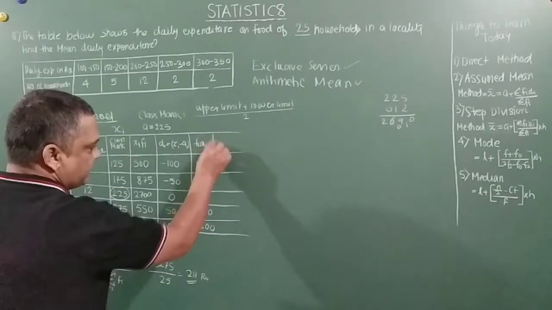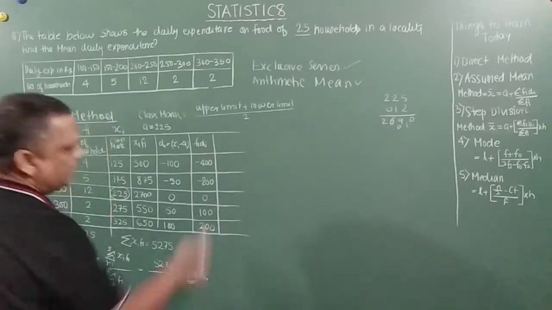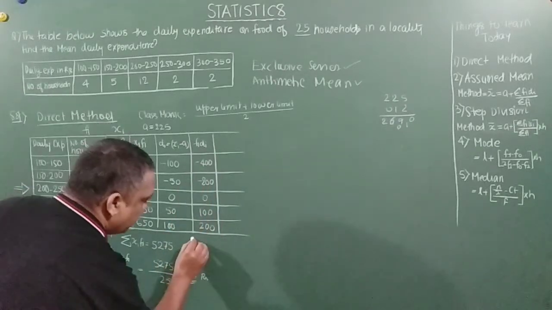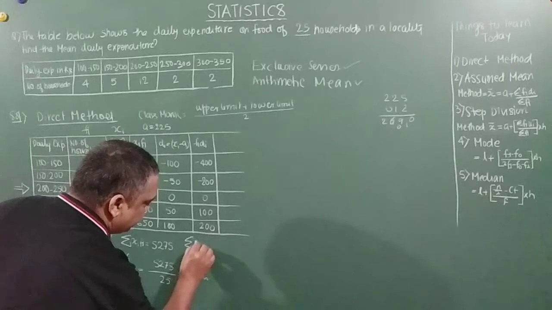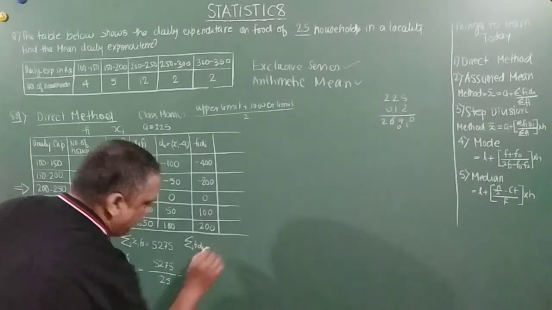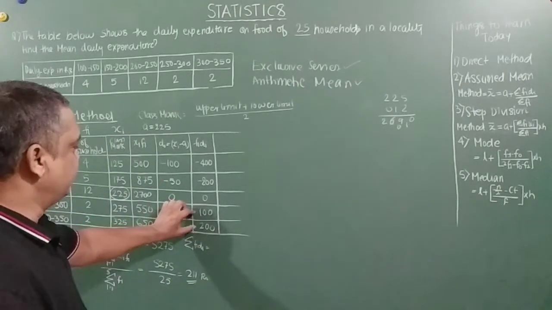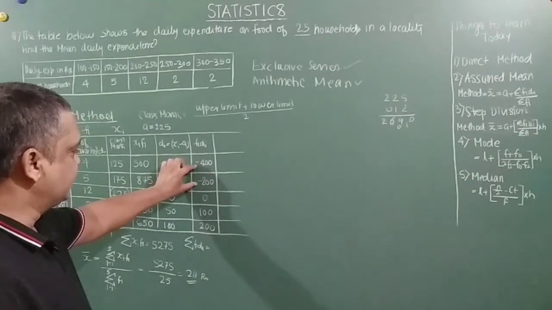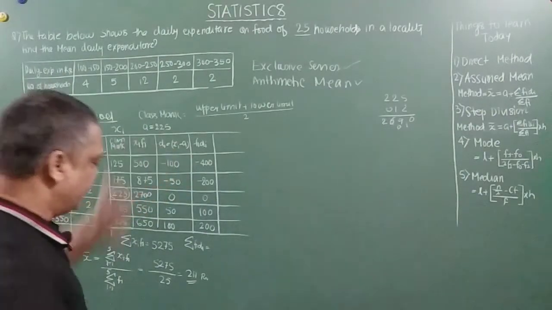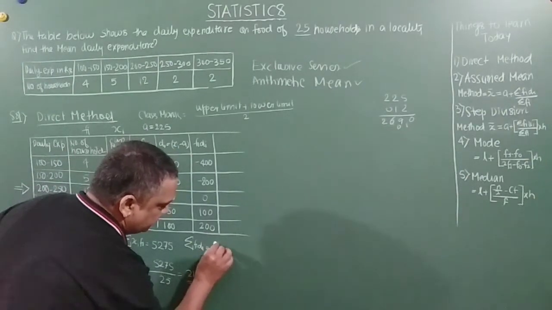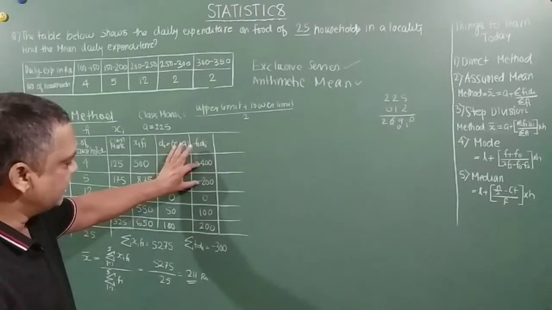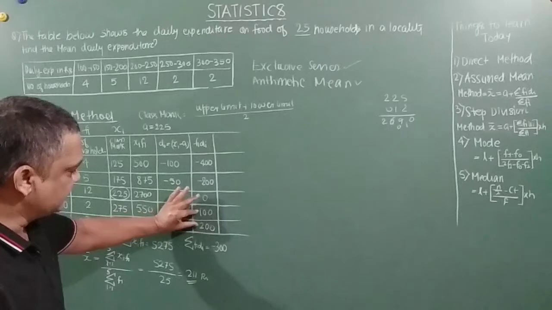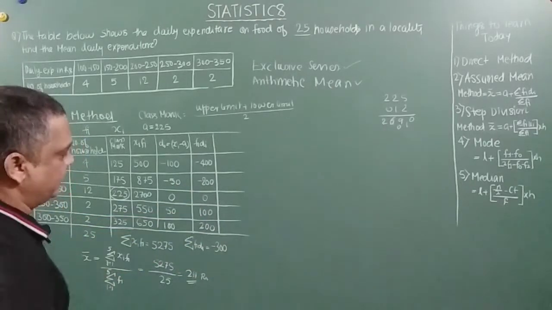Then friends, we will sum this all up. I will find out the sigma here, sigma fi di, right? So this is positive 300 and negative 600, so negative 300. You got it? This is minus 600, summing these two up. This is plus 300, so minus 300.